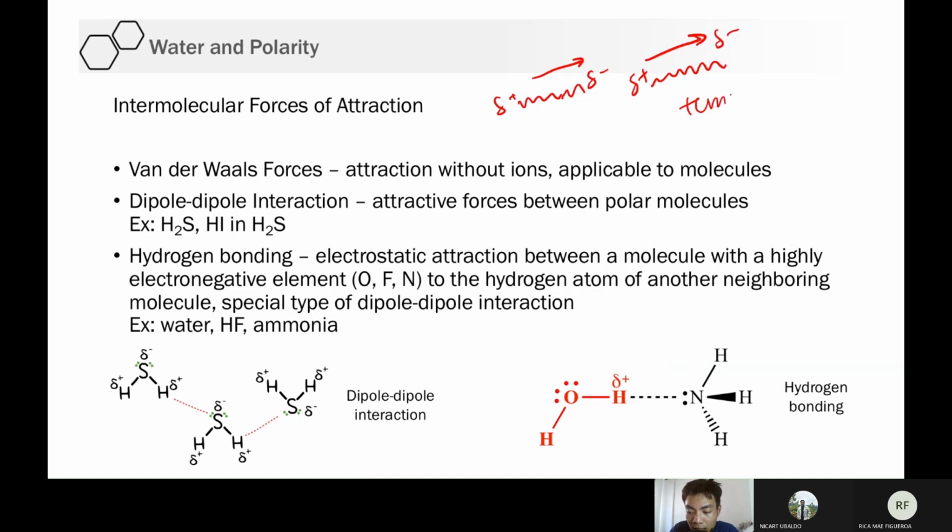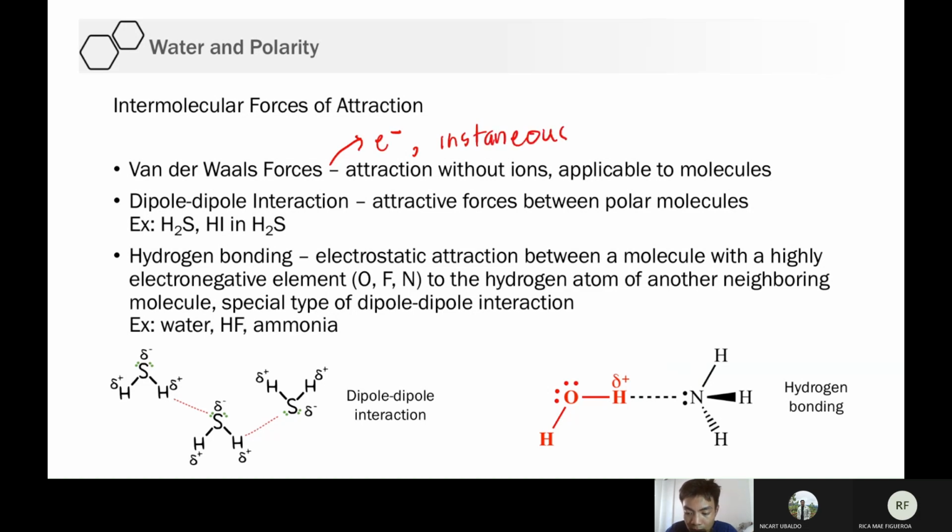However, that is just temporary. It's only temporary with van der Waals forces or London dispersion forces. It will go away. That's why it is the weakest intermolecular force. So what do we have again with London dispersion forces? We are only talking about electrons, and those electrons create instantaneous dipoles, which means temporary dipoles.